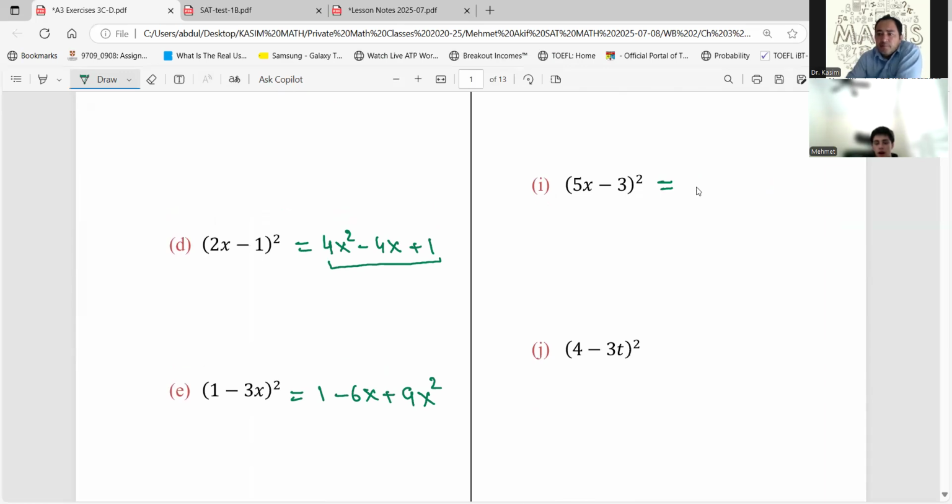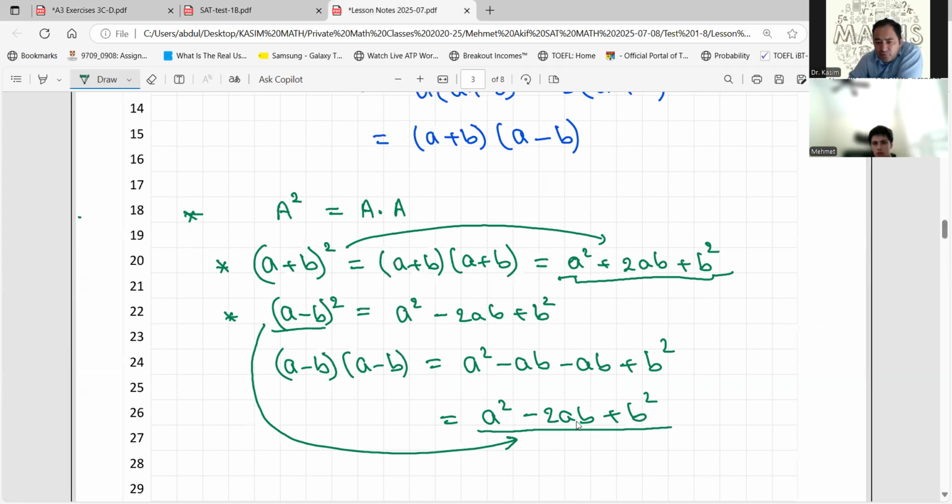Part (i): 25x squared. All minus, right? In the formula we have 2 times a times b right in the middle.